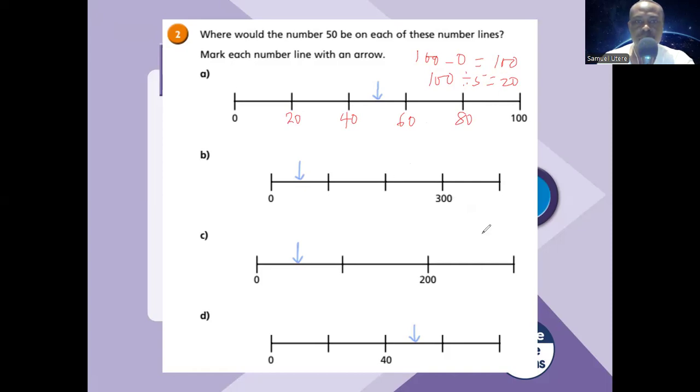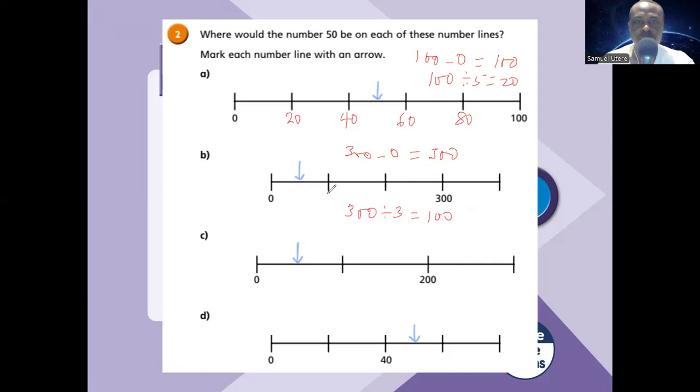Here, I would like to discuss B as well. We can see that we have 300 and 0. So if we do 300 minus 0, that is 300. Now we have 1, 2, 3. So if we have 3 intervals, it means each interval is worth 300 divided by 3, which is 100.